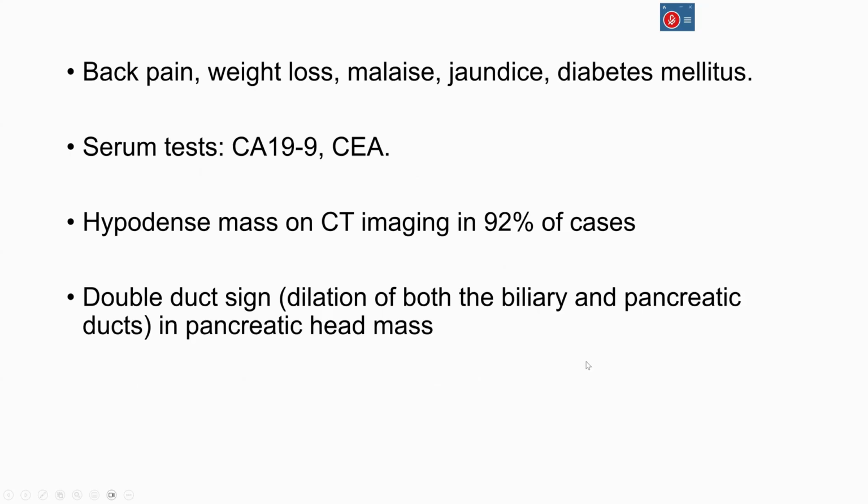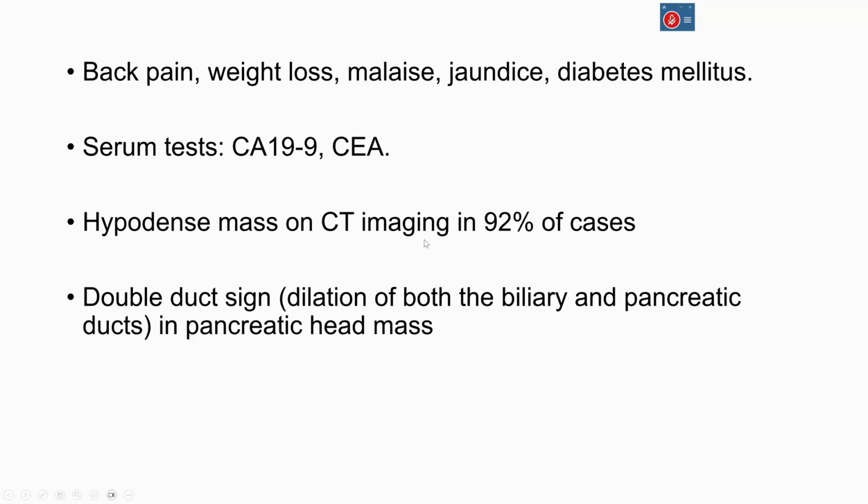Most of the time, patients present with backache, weight loss, jaundice, diabetes mellitus, malaise, rapid weight loss. If you do a serum test, CA19-9 and CA125, in most of the cases, not all cases, you find it raised in the serum.